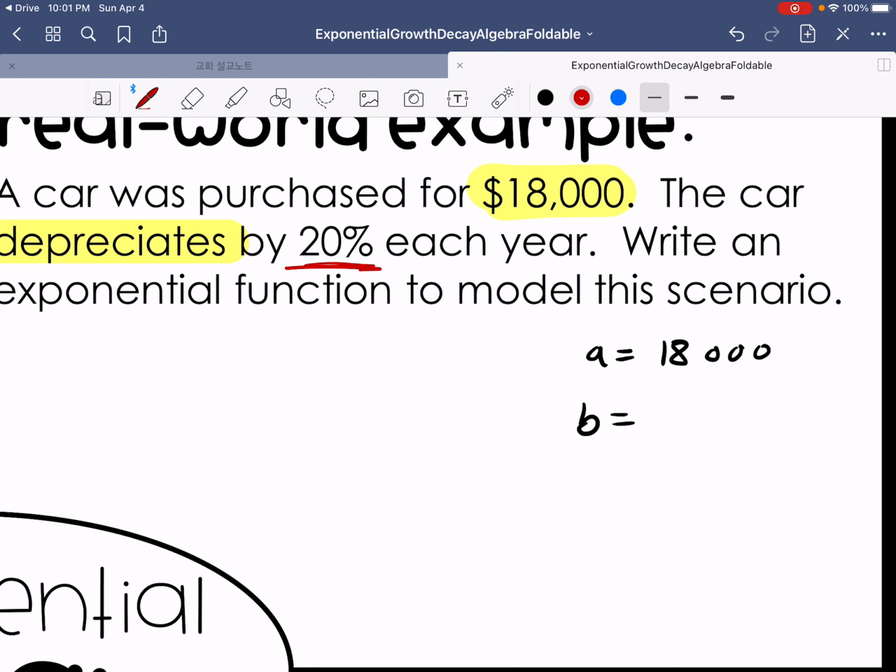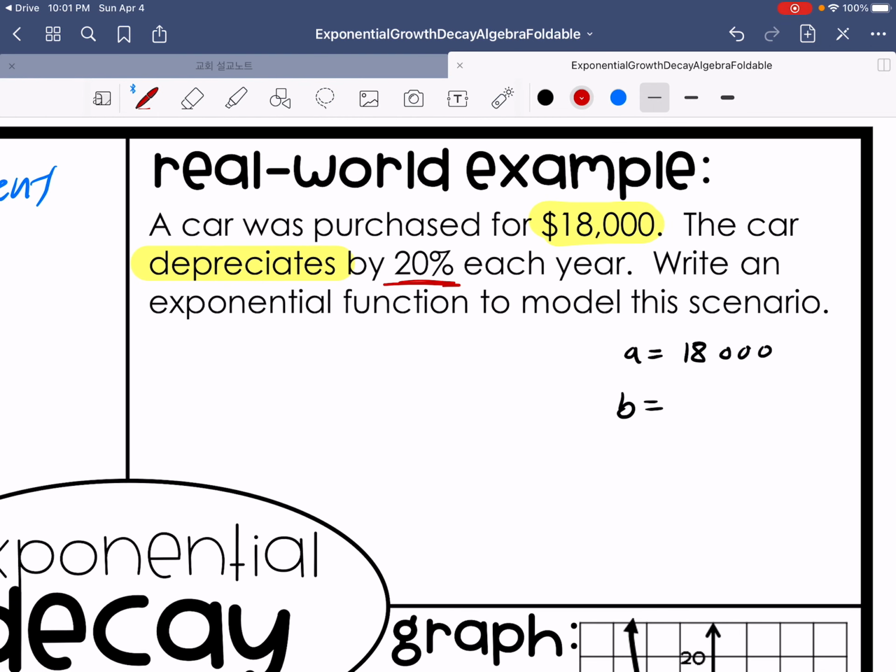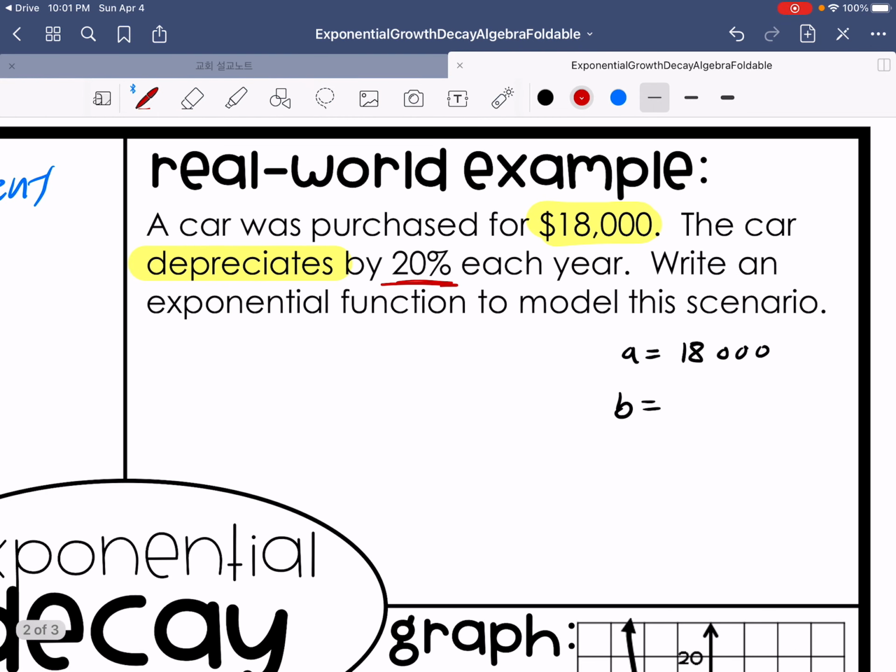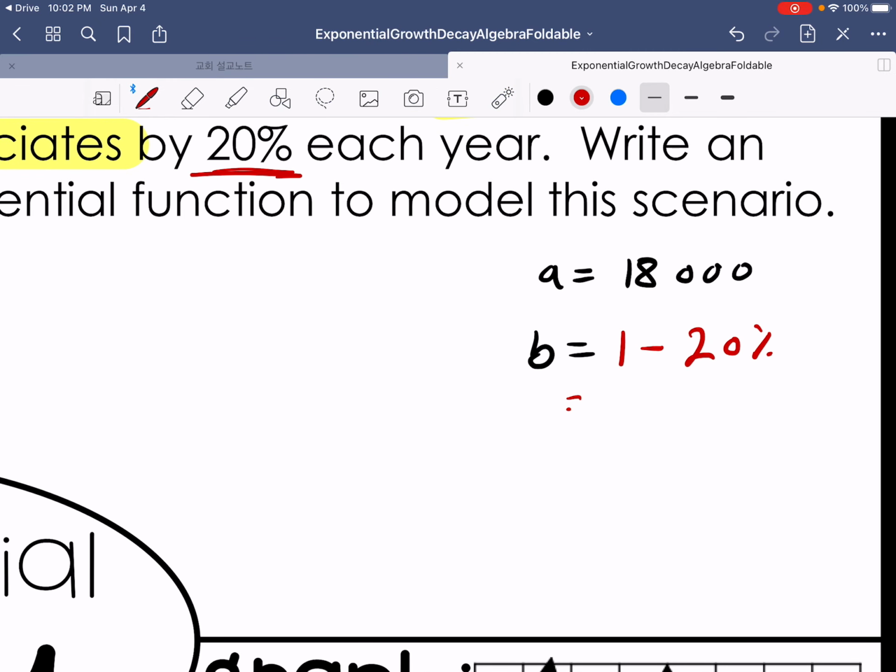But I'll tell you something specific later. Since it is decreasing, you have to write not 1 plus, you have to write 1 minus 20%. If you don't see a percentage, you can just write 20 here, but that's not going to be the case here. So 1 minus 20%.